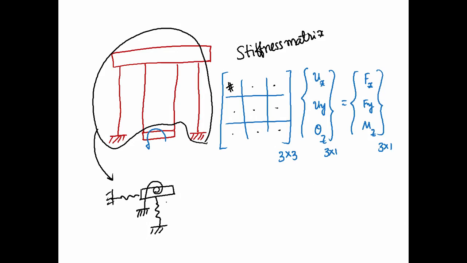But this is not complete because we do not talk about this cross element, right, that is not here. So, this is going to be kxx, this is going to be kyy, and this will be k theta theta, this torsion spring constant. That is not enough, there are these 3 more things also we need to get. We can get that using a finite element analysis code, which is what we will do now.